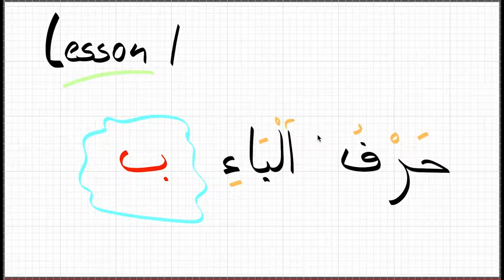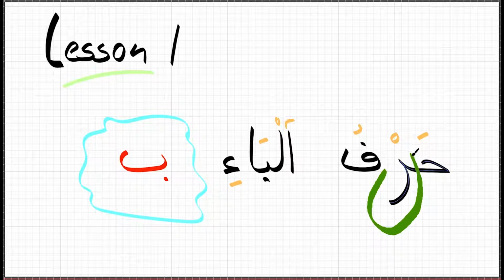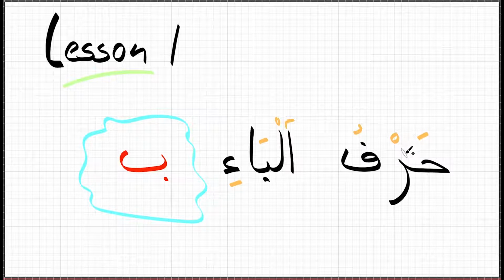For example, when we say ha, ra, fa, each one on its own is a letter. Combined together, they form the word harfu, the letter. Harfu al-ba. We will do this letter, okay?